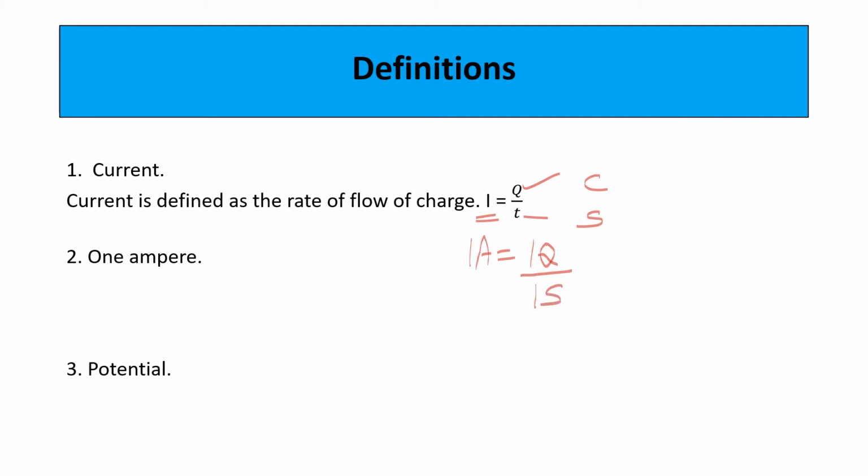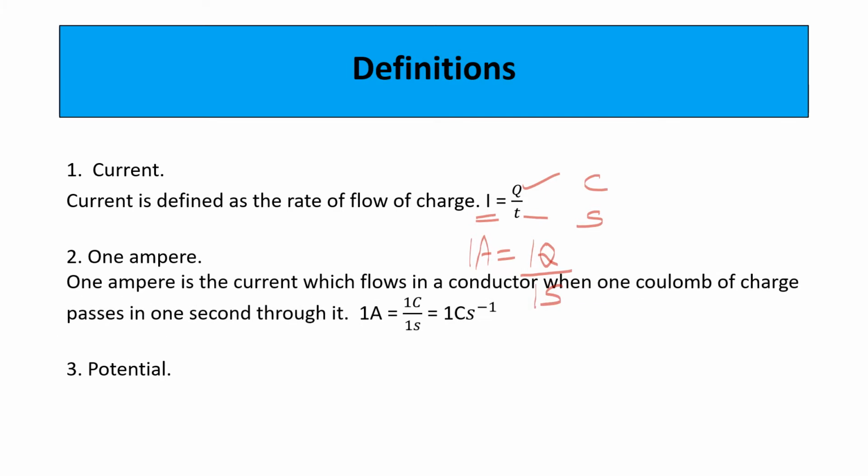Therefore, 1 ampere of electric current is defined as the current which flows in a conductor when 1 coulomb of charge passes in 1 second through it. 1 ampere is equal to 1 coulomb by 1 second.